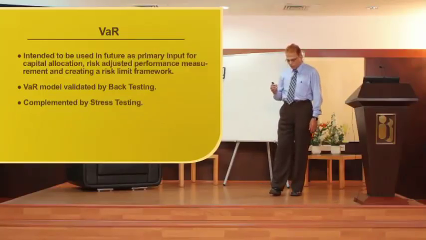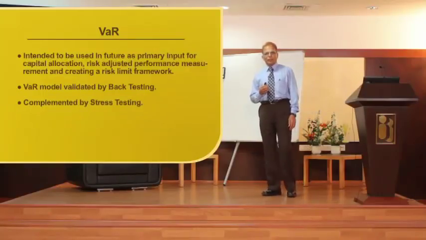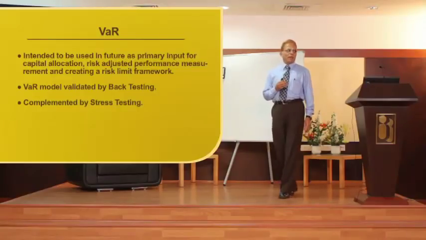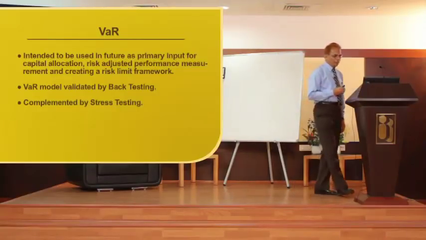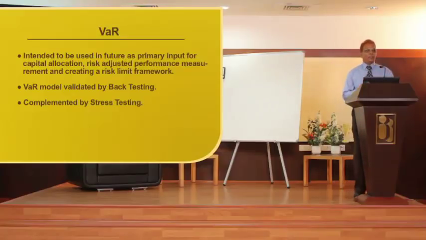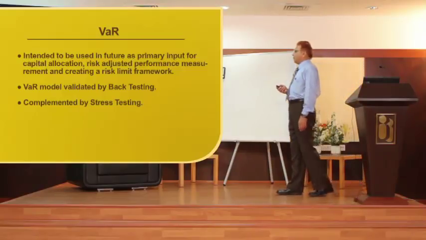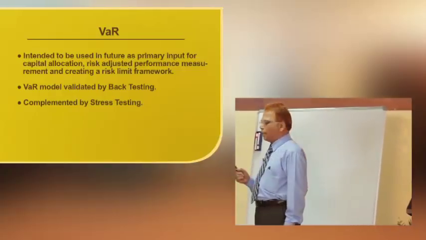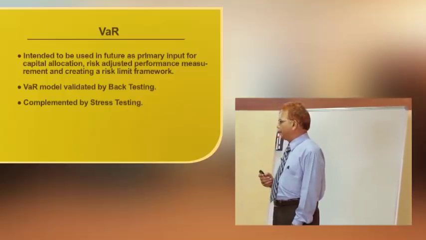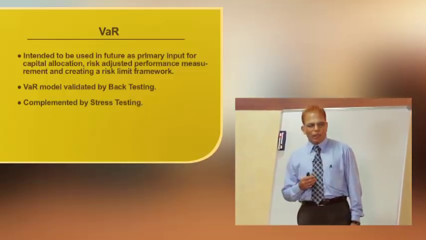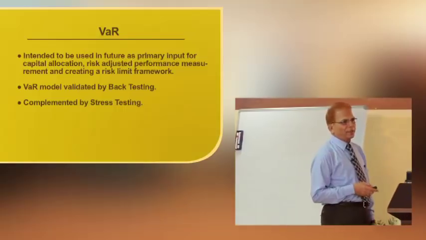And because VAR throws out a single number, it is very useful in integrated risk management, because you can aggregate the risk if you know the VAR numbers. All the models used for computation of the VAR need to be back tested, and the VAR complements the stress testing.